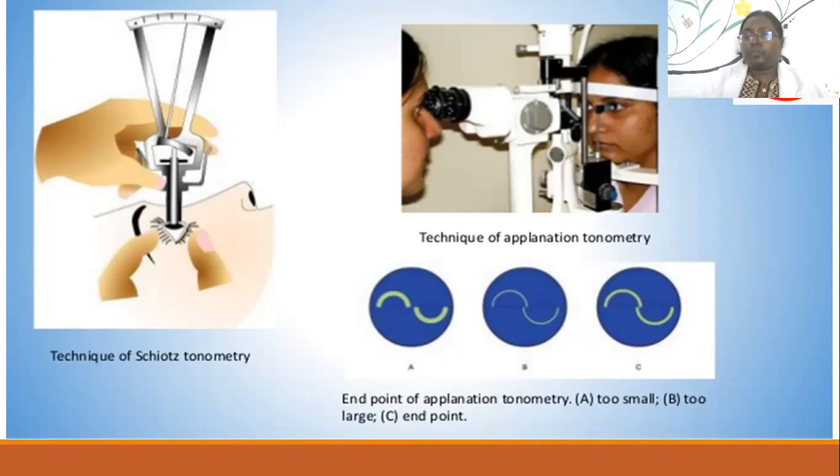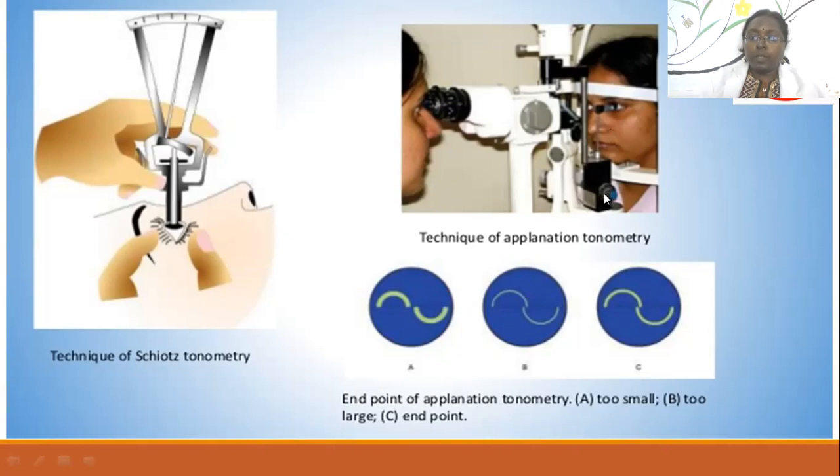And the rebound pressure gives the actual intraocular pressure. So here we can see the mires: when the center of the biprism touches the cornea, two menisci are created, the upper and the lower. There is a screw here with calibrations.